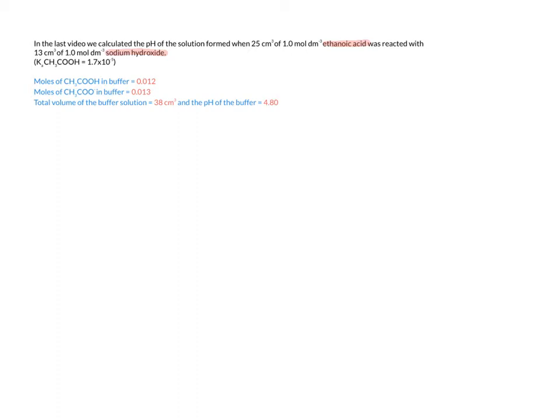But hydroxide is the normal one. Why? Well, if we think about a buffer, we're going to have HA, which is our weak acid, and we are going to have A minus, which is the salt. We have large concentrations of both and a very small concentration of H plus. By doing partial neutralization, that is what we get.